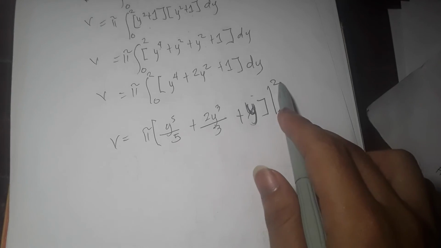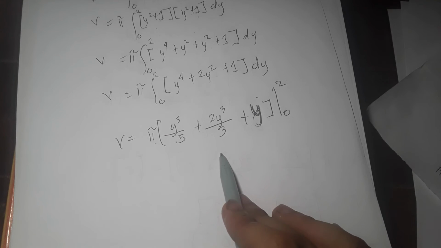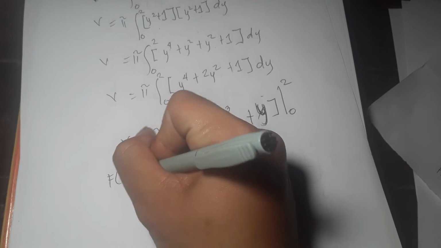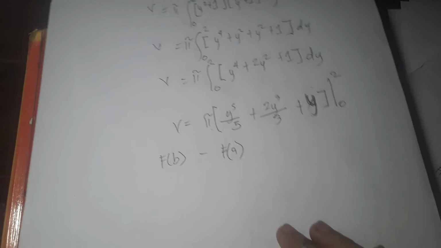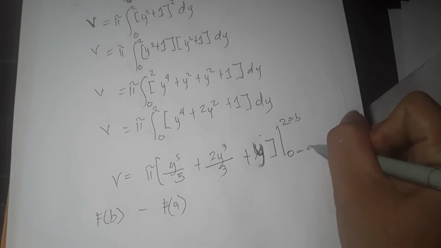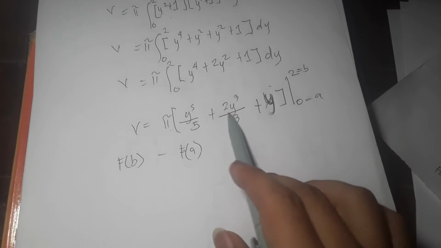So for the rules of evaluation, we need to use the principles of the definite integral. So let's evaluate this function from 0 to 2 by using the definite integral principle. So we have here F(b) minus F(a). So this would be the value of our b, and this would be the value of our a. So let's evaluate the value of our b, which is 2, of this function.